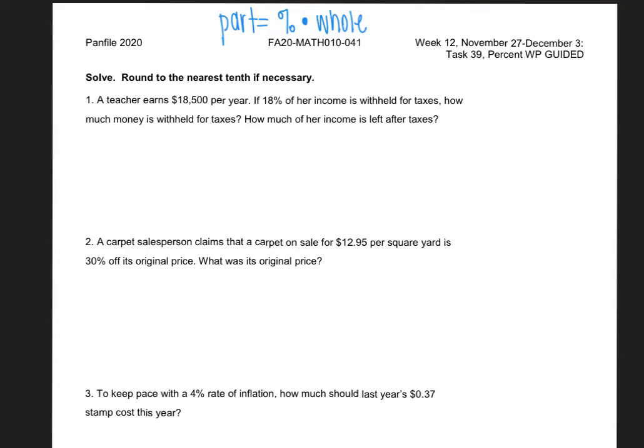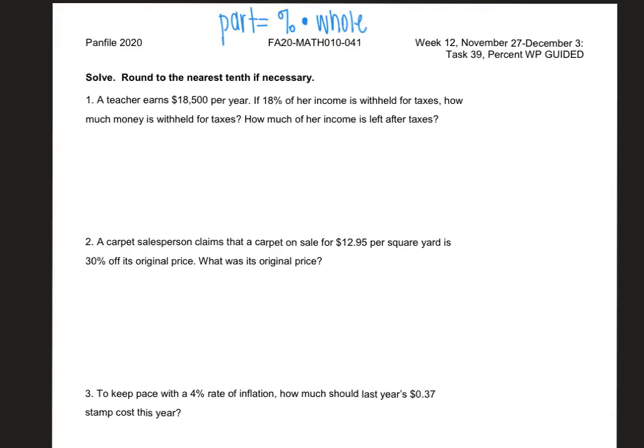Part and whole isn't bad because if you want to think of it like, the whole, another word for that is the total, whereas the part is the piece, because basically that's what percentages is really talking about. You're finding parts of wholes or pieces of the total.